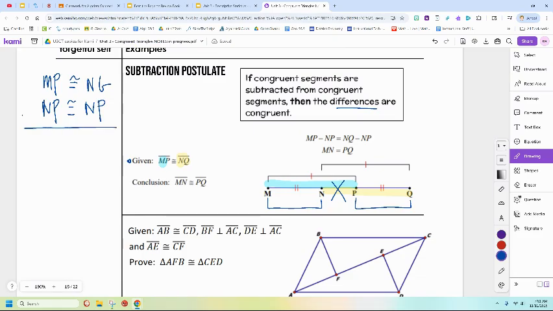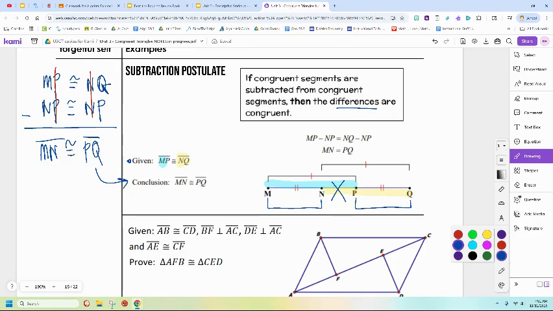Now we're going to subtract that reflexive piece. So notice here, the P's are going to cancel, the N's are going to cancel, and we are left with our two congruent segments, which are MN congruent to PQ. This is supposed to be a Q, my bad. Okay, hopefully you caught that and you said, oh, Miss Rob, you wrote a G.